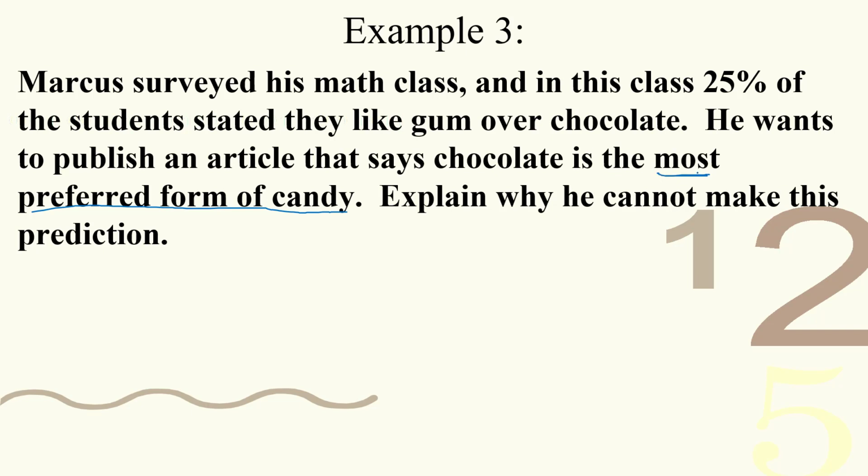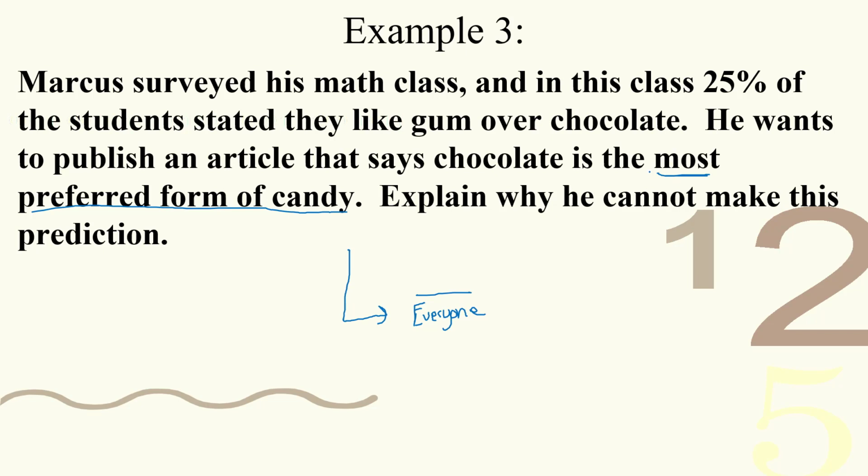So he's making a definitive statement that applies to the entire population, to everybody. Now, if he surveys his class, which is a very small group of people, can he make a statement that applies to everyone? No, he can't.